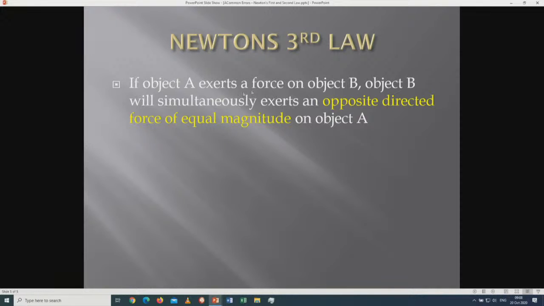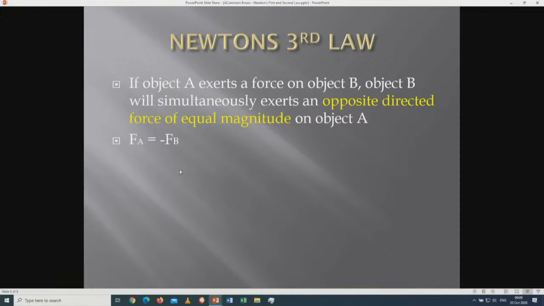The action force acts on object B, and then the reaction force is exerted on object A. So the action force acts on B, and the reaction force is from B on A. So you don't have two forces acting on one object in Newton's third law. It is two forces acting on object A and object B separately. So that is that pair of forces, action and reaction.